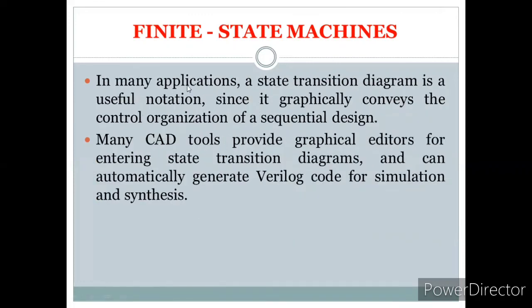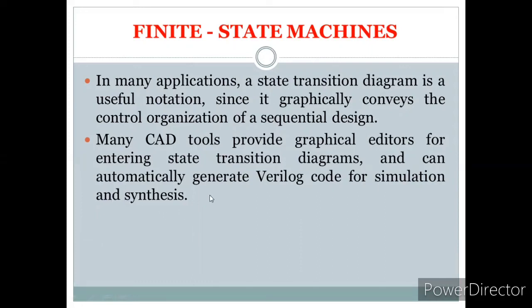So in many applications, a state transition diagram is a useful notation since it is a graphical way of representing the control organization of a sequential design, or how the control of operation is carried out by that particular model. So FSM plays a crucial part. There are many CAD tools that provide a graphical editor for the state transition diagram, and the tool itself will generate the Verilog code for simulation and synthesis.